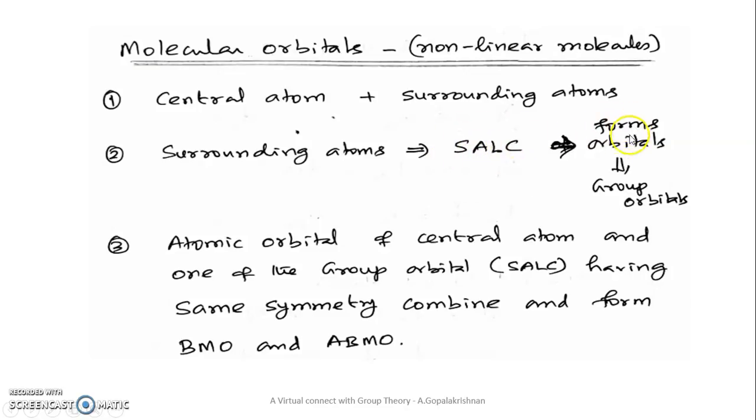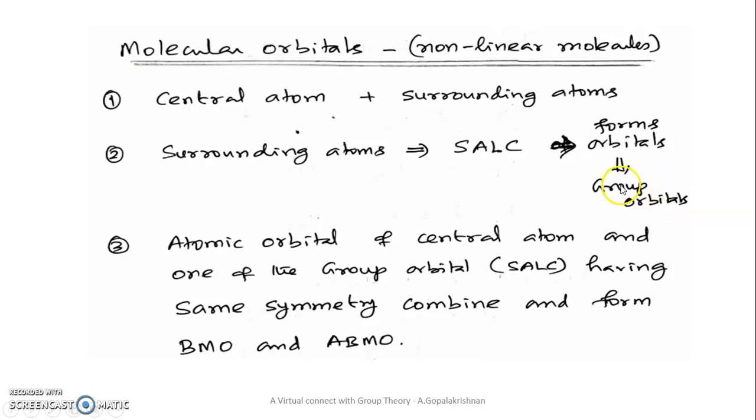These SALCs form orbitals, and these orbitals are called group orbitals. I repeat, the surrounding atoms form different SALCs, and because of these SALCs, they form orbitals. These orbitals are called group orbitals.